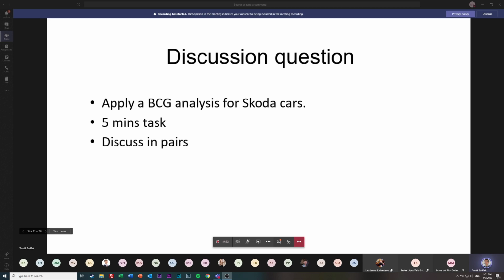So generally, we would say that the question marks could be something like SUV-oriented models, like Skoda Kodiaq, Skoda Karoq, Kamiq. So generally, these models seem to be like an SUV, or trying to combine a standard car with an SUV. Yeah? So this is perfect. This is absolutely right answer.